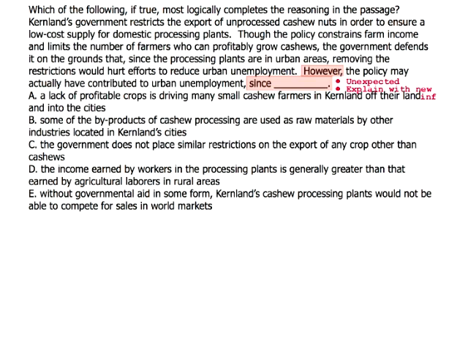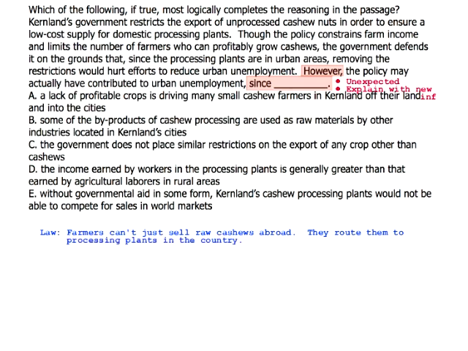Because the law says farmers can't just sell raw cashews abroad, they route them to processing plants within their country. Okay. So this policy, obviously anything that reduces their market is going to be bad for them. So this policy is bad for farmers.